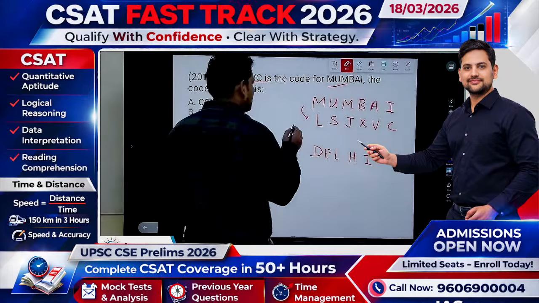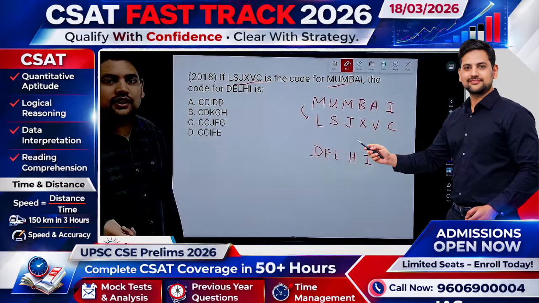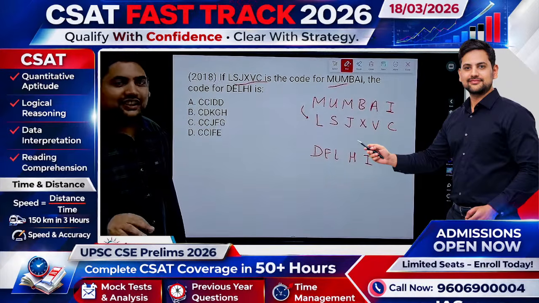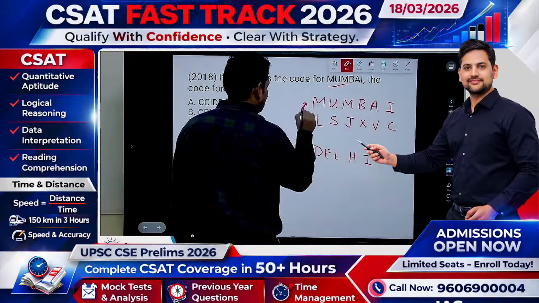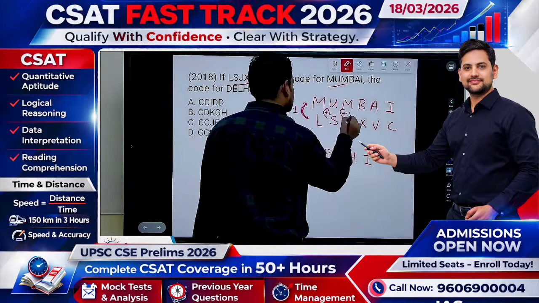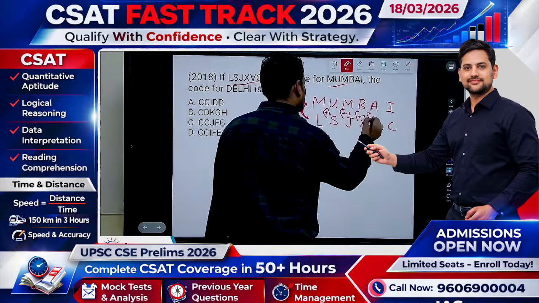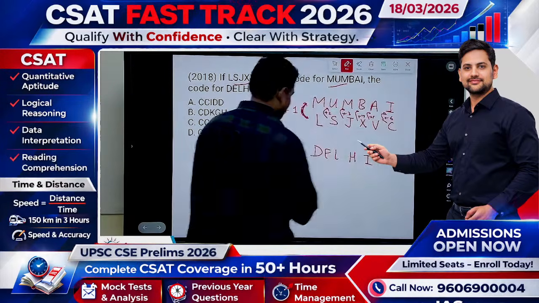No, how many letters are between them? Just think like this. This is +1. This is STU, this is +2. This is +3, +4, +5, and this would be +6.